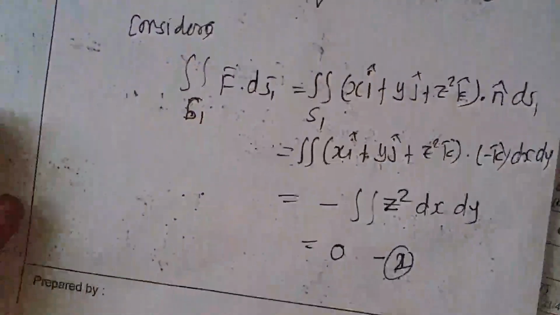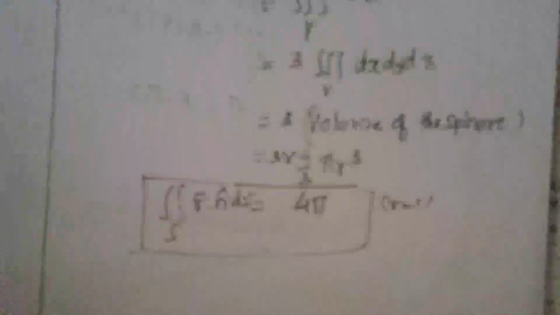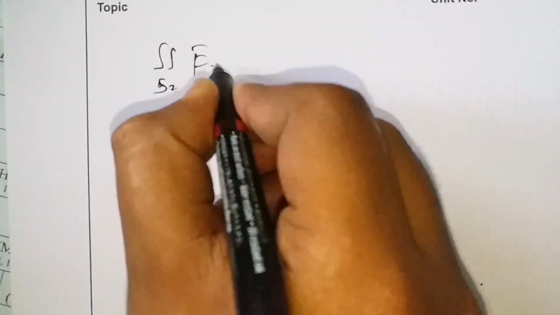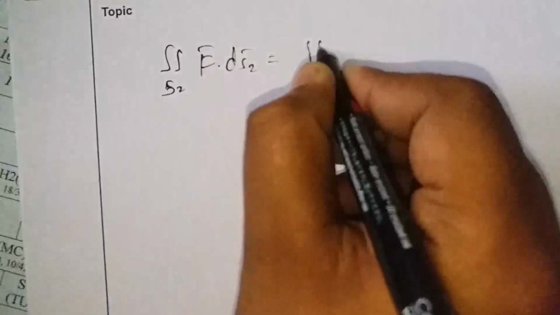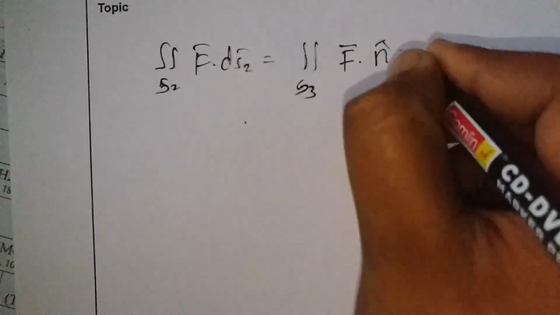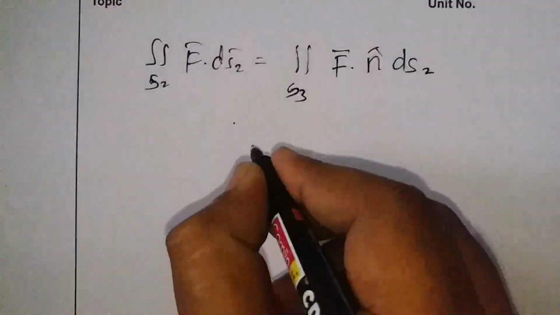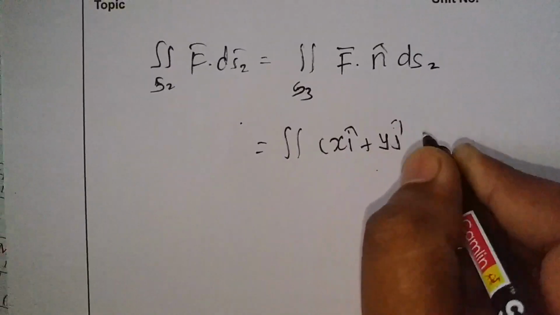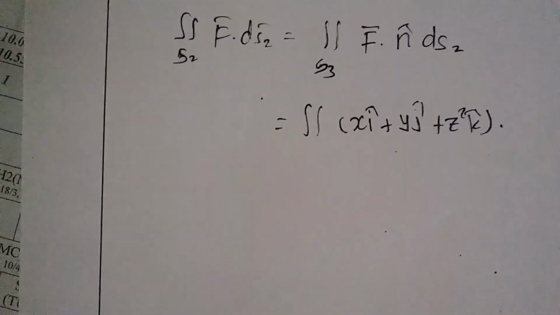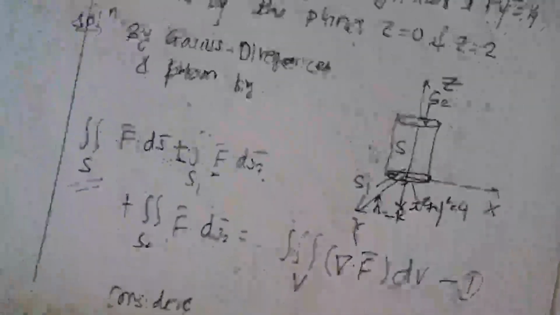Now let us calculate the integral over the second surface S2. Therefore the double integral over S2 of f bar will be equal to, we'll proceed in a similar way like the first surface, f bar dot n cap dS2. F bar is x i plus y j plus z square k cap. Now n cap is the unit outward normal to the surface S2.